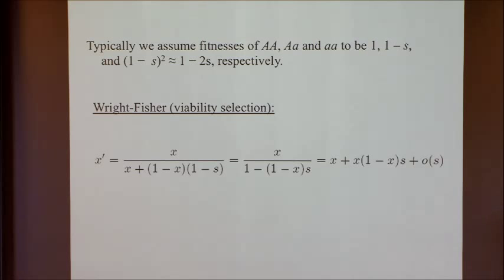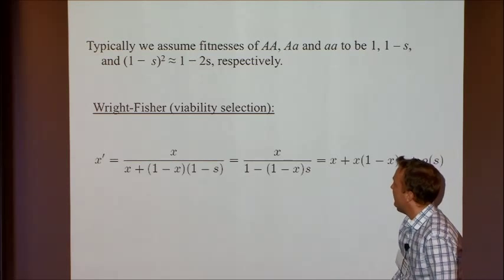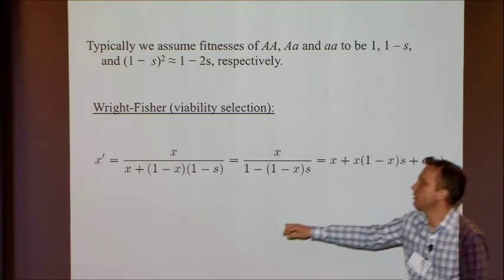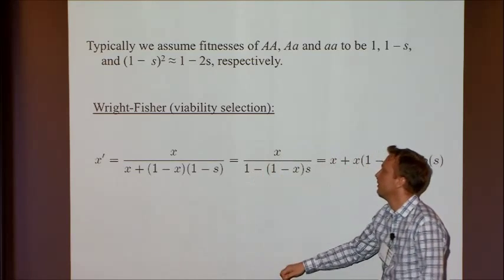In the Wright-Fisher model, for example, instead of sampling parents in the previous generation with equal probability, you sample them according to their fitnesses, proportional to their fitnesses. And we can put that into the equations we had before. We'll get a similar expression that the allele frequency in the next generation is given by this.